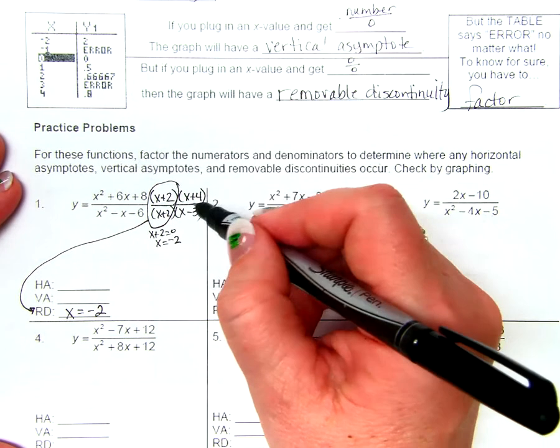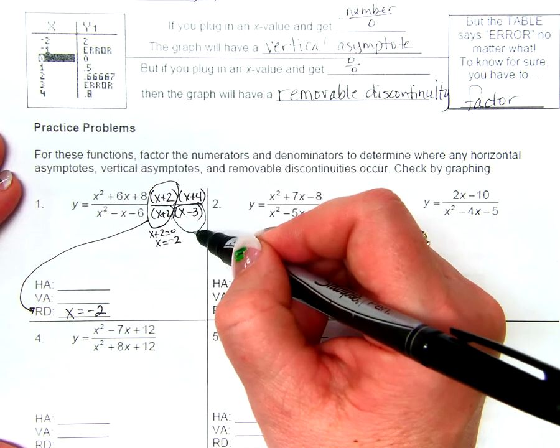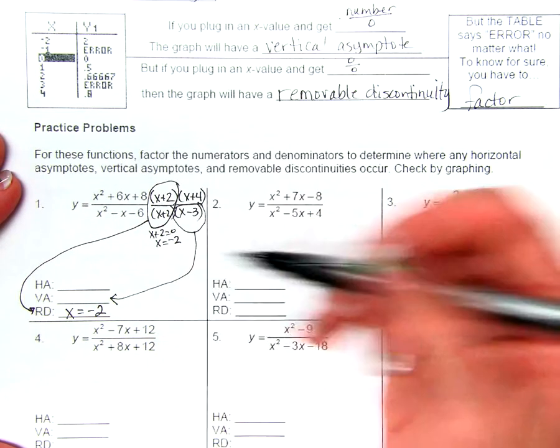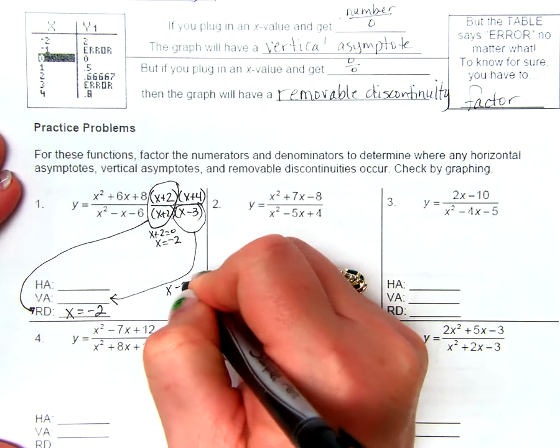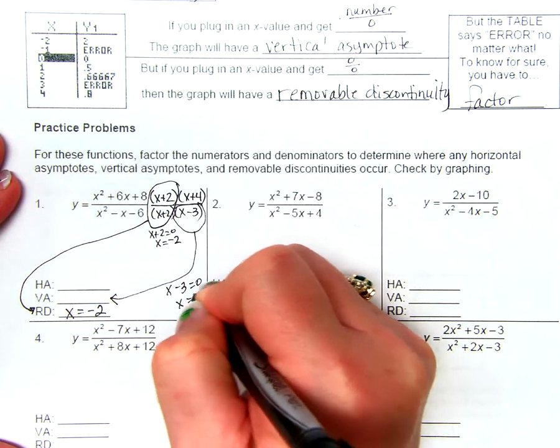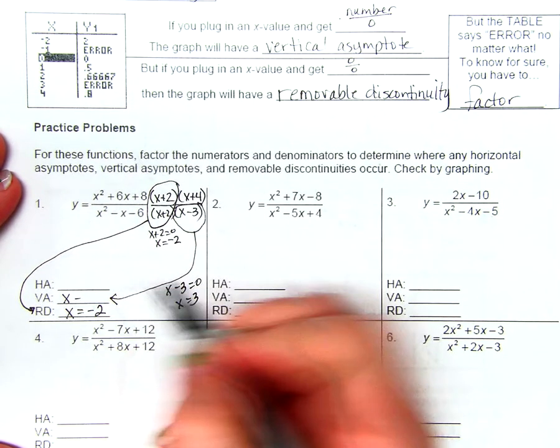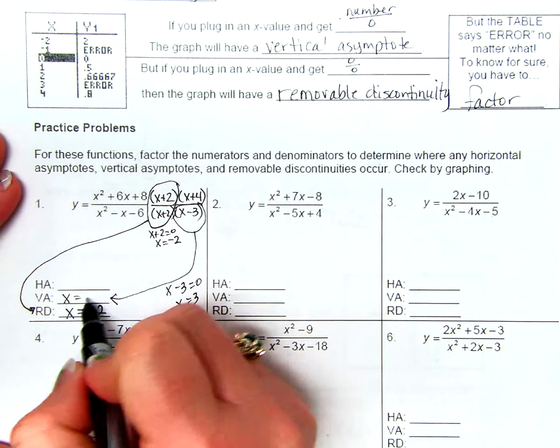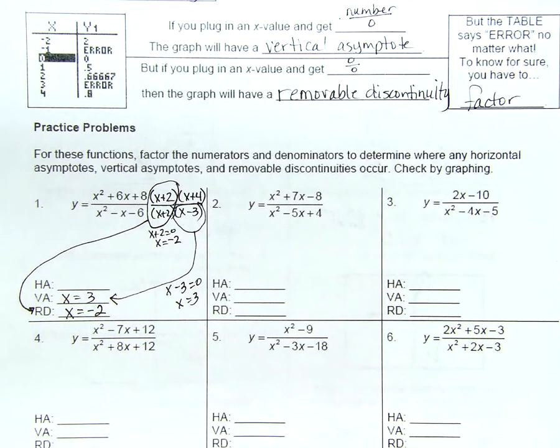The other value in the denominator will give me my vertical asymptote. So once again, I still have to set it equal to 0 and solve, but that's going to give me my vertical asymptote, x equals 3. Now, horizontal asymptotes, from yesterday, I think.